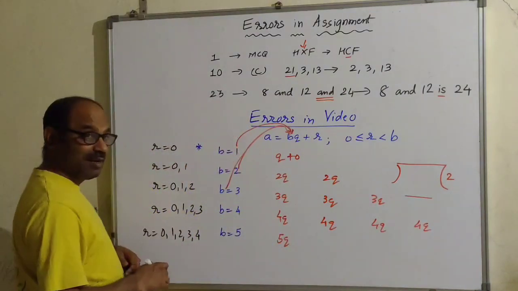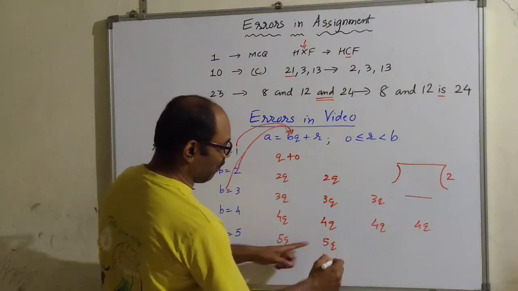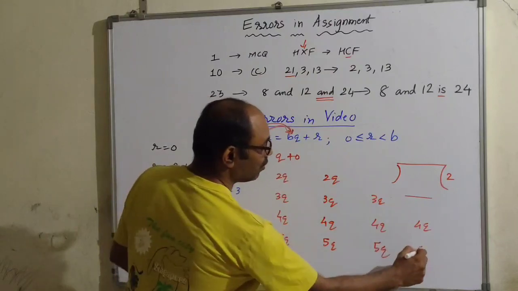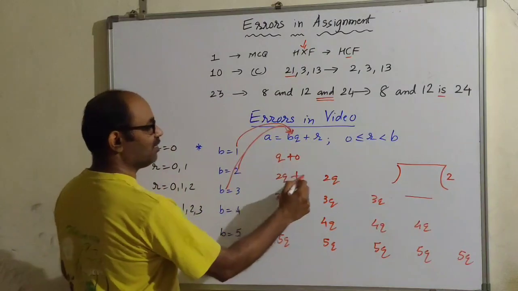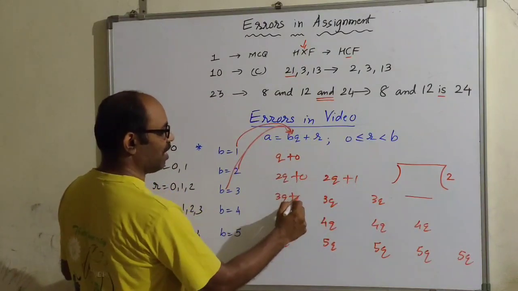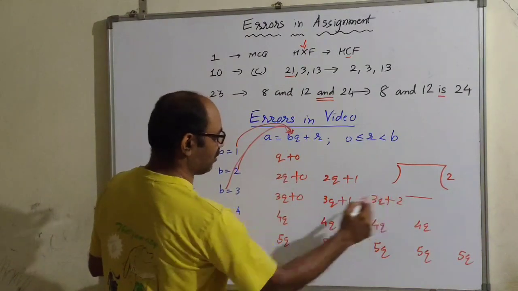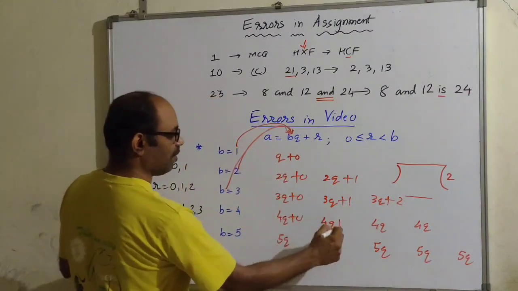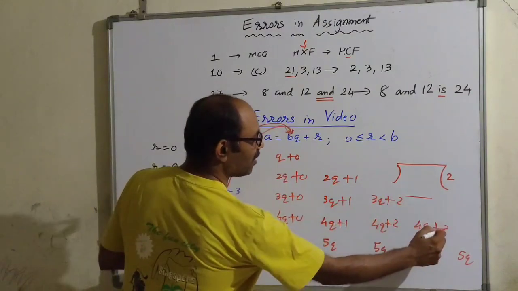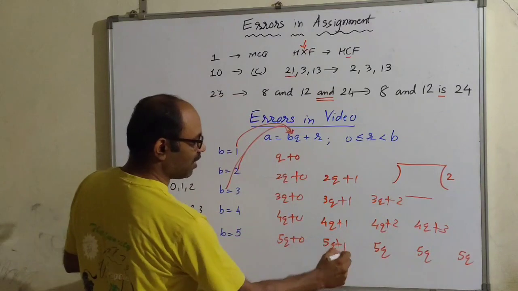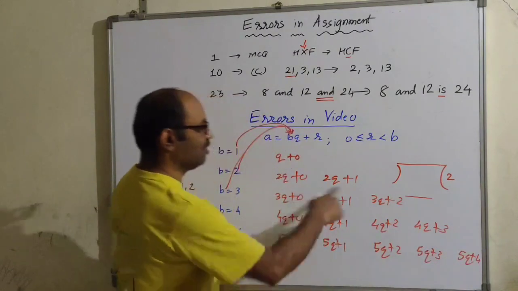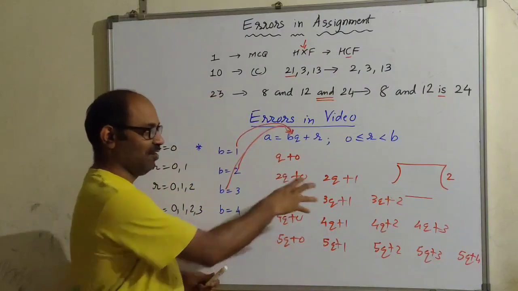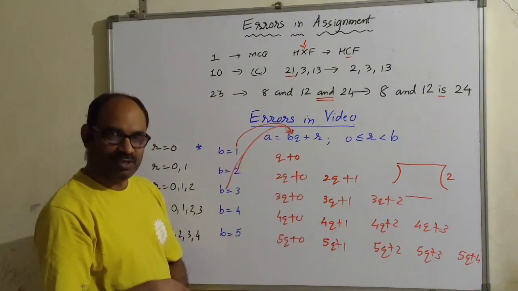Here 5 different remainders are possible, so 5 times 5Q. 1, 2, 3, 4 and 5 times. Plus 0, plus 1, plus 2, plus 3 and plus 4. These are representations of integers in different situations.